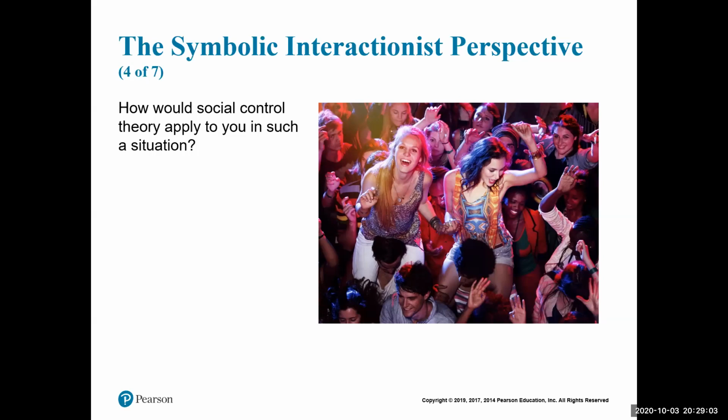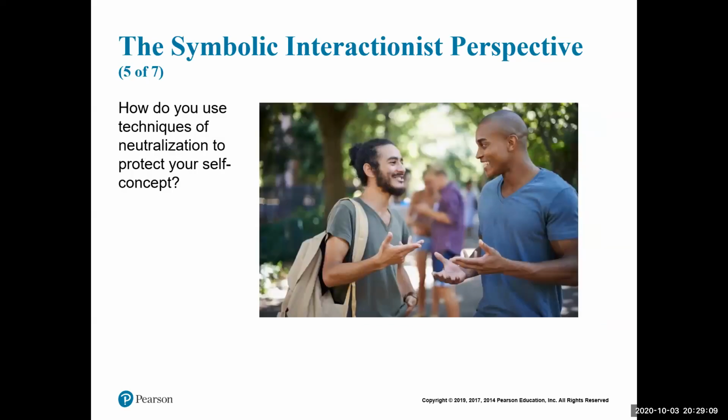So when it comes to control theory, we have two systems that work against our tendencies to deviance. Labeling theory basically states that the labels people are given affect their own and others' perception of them, thus channeling their behavior into either deviance or conformity. We always have these walls up to protect ourselves.